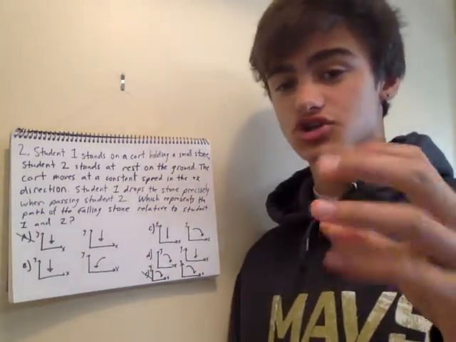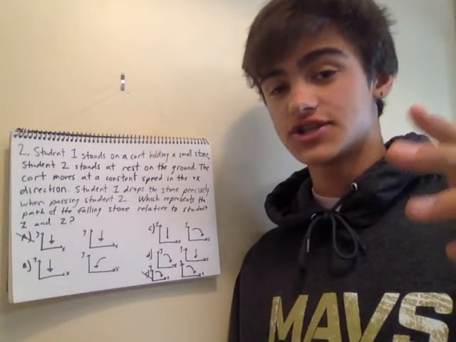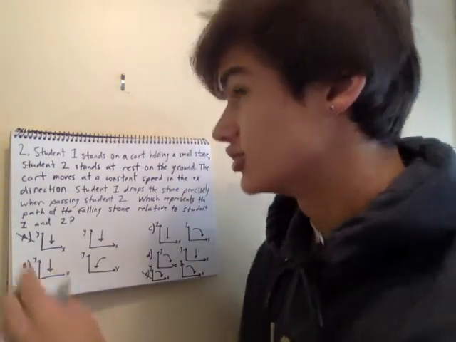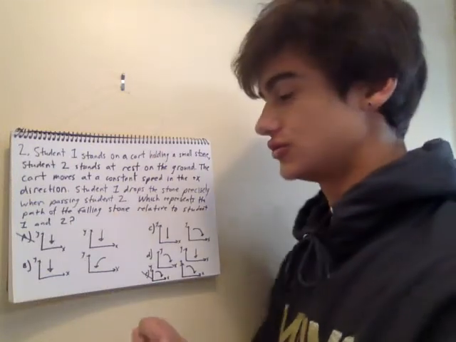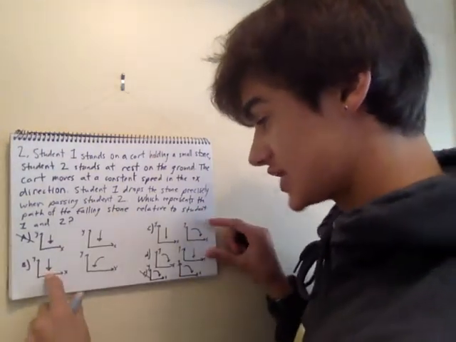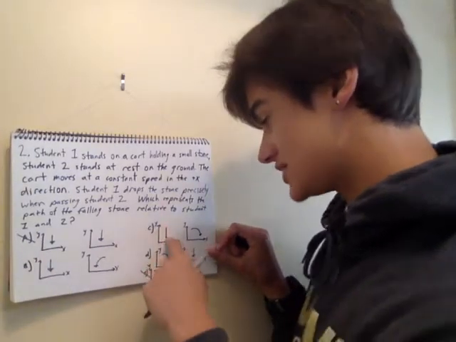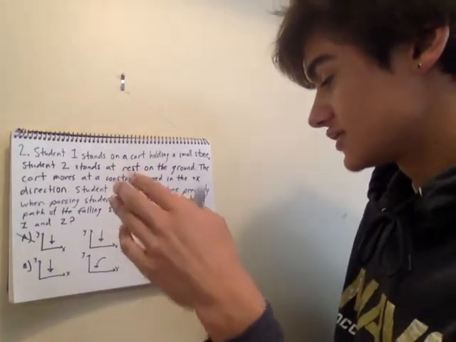That means when the rock is dropped, it's going to have the same forward x velocity that the student has. So we know it's going to look like it's falling straight down and not backwards to student 1. So yes, this checks out. The rock looks like it's falling straight down to student 1. Yes, C also works for this case. The rock is going to look like it's falling straight down.